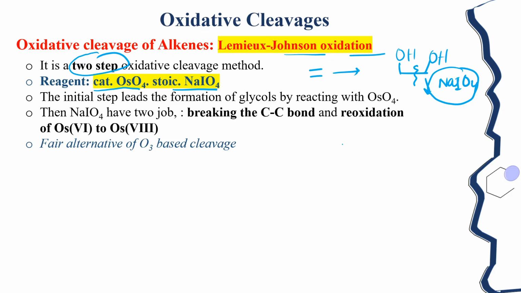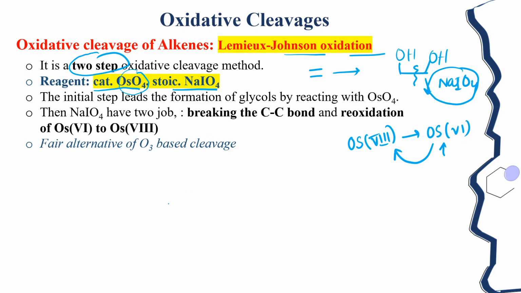So here you can find that during the course of the reaction Os(VIII) is converted to Os(VI), and this Os(VI) is not the active catalyst, so it requires a terminal oxidant to return back to Os(VIII). So NaIO4 acts here as a terminal oxidant, so that OsO4 can be used in a catalytic amount and NaIO4 in a stoichiometric amount.